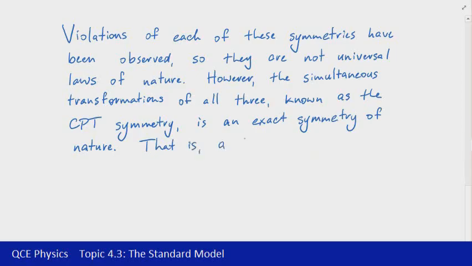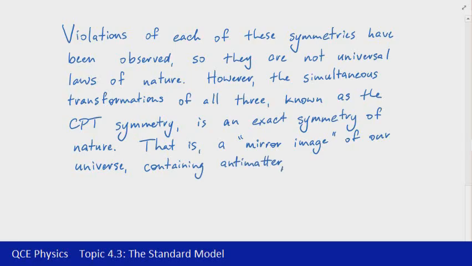Applying all of those three simultaneously means that we will have first of all, a mirror image of our universe. So that's looking at the parity symmetry. If we then look at the charge symmetry, that would mean that this mirror image would contain predominantly antimatter, whereas our universe contains matter.